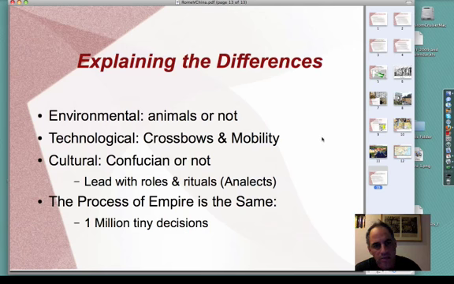So in explaining the differences between the Chinese Empire and the Roman Empire, you have some good readings, and they do that, but to lay out in very simplistic detail what they're arguing about: one of the arguments Atshid and others make is that the difference between these two empires is essentially an environmental argument.